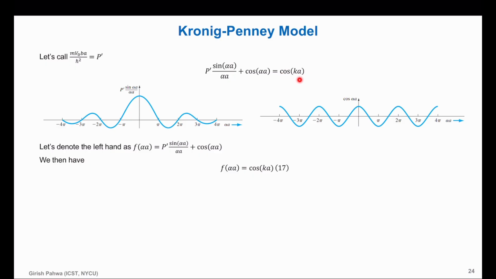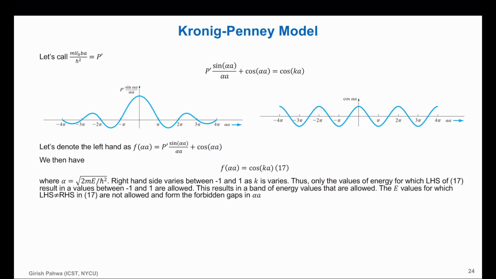And corresponding to each k value, I want to know the corresponding energy. Only those values are allowed which satisfy this implicit equation. Left hand side and right hand side must be equal.